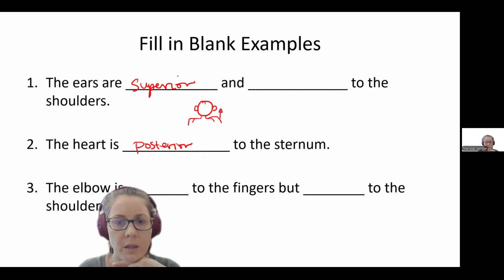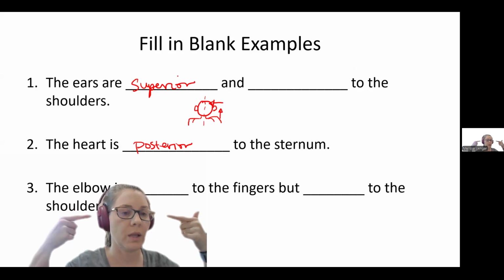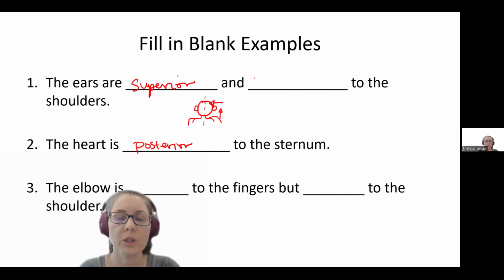You go superior and then you don't hit your ear. You have to go in that direction towards the midline. And if you don't believe me, like that, then I have to go like that. So it should be superior and medial to the shoulders. Then you'll hit the ears.